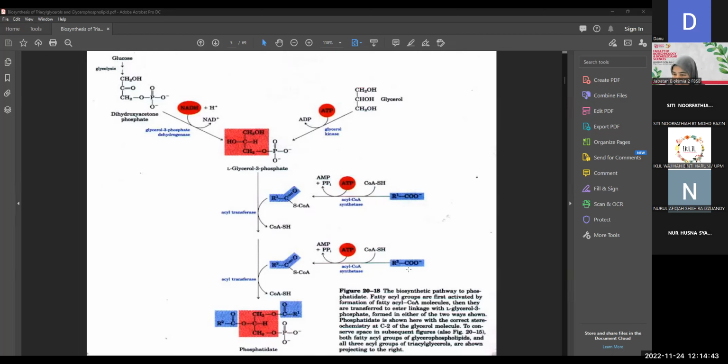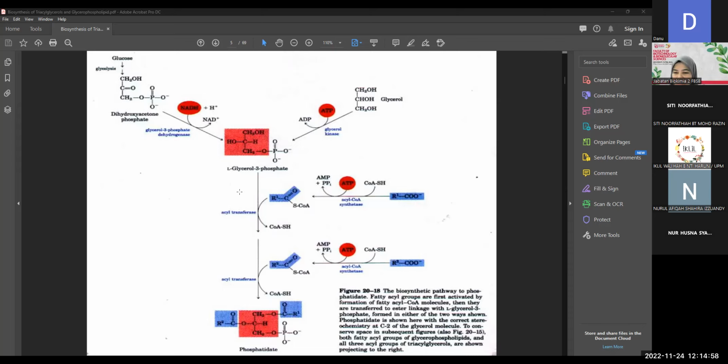The fatty acid undergoes activation, catalyzed by acyl-CoA synthetase, to form fatty acyl-CoA. This acyl group is then transferred by acyl transferase.